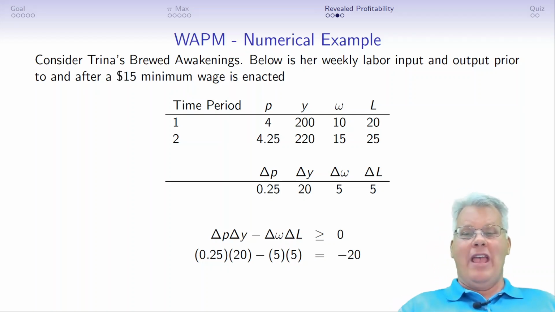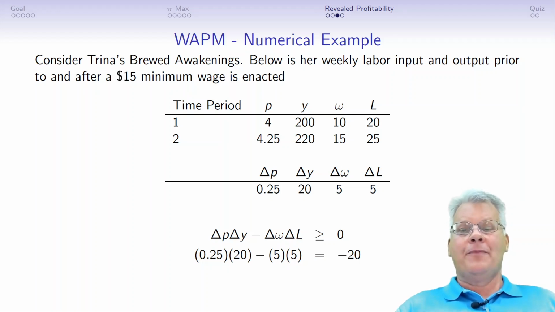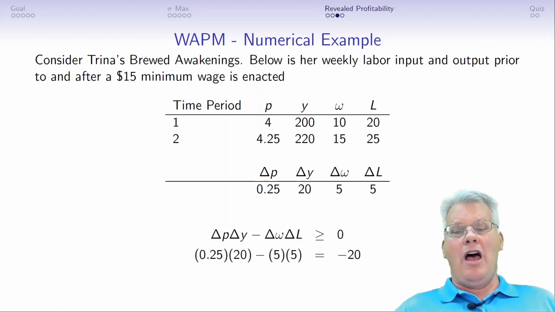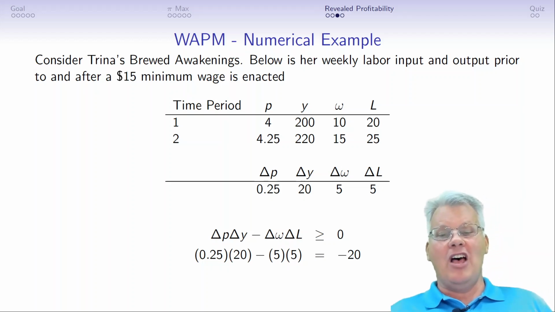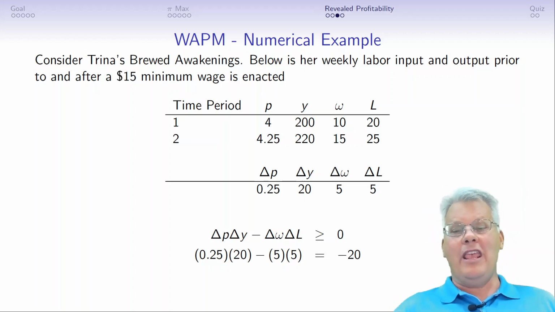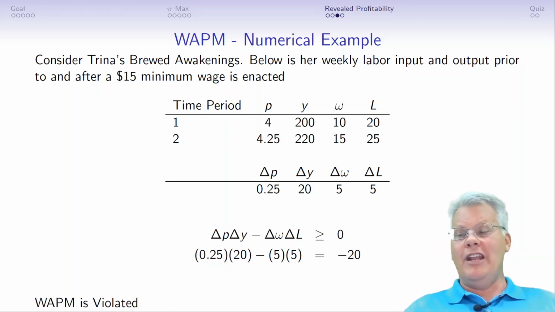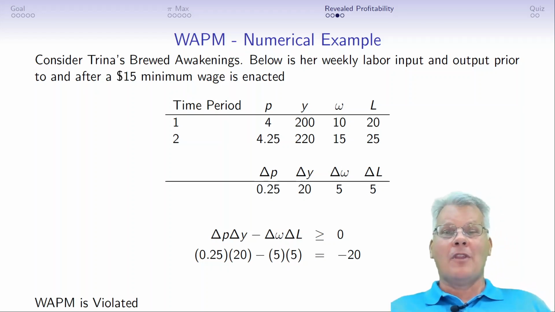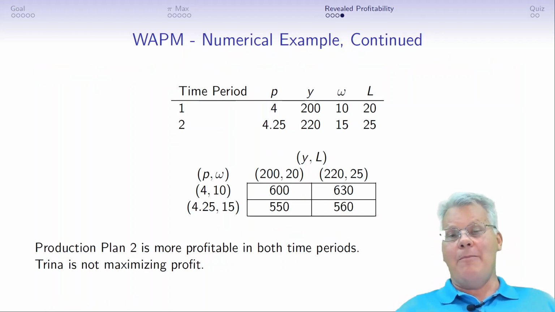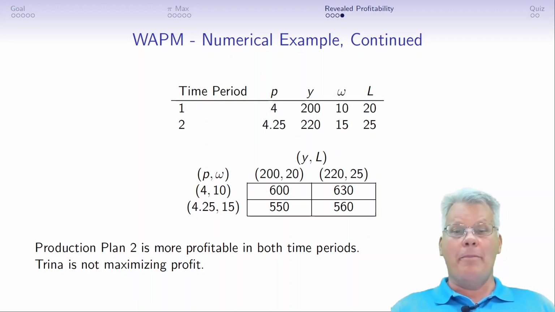Okay, so as I multiply it all out, delta P delta Y minus delta omega delta L is negative 20, which is not greater than or equal to 0. So Trina violates WAPM. We could also make a matrix much like we did with WARP.